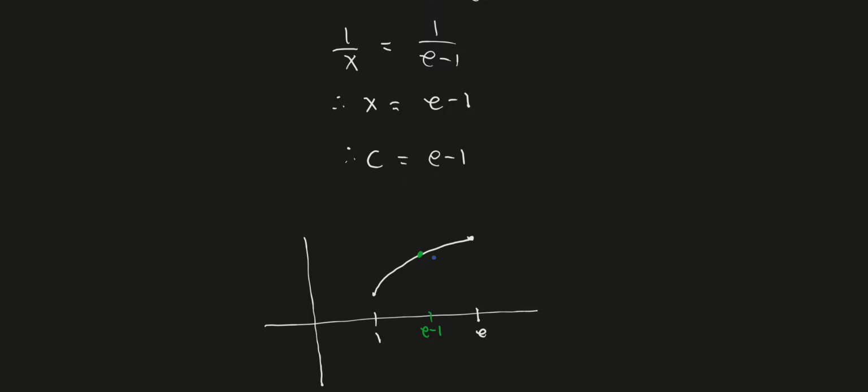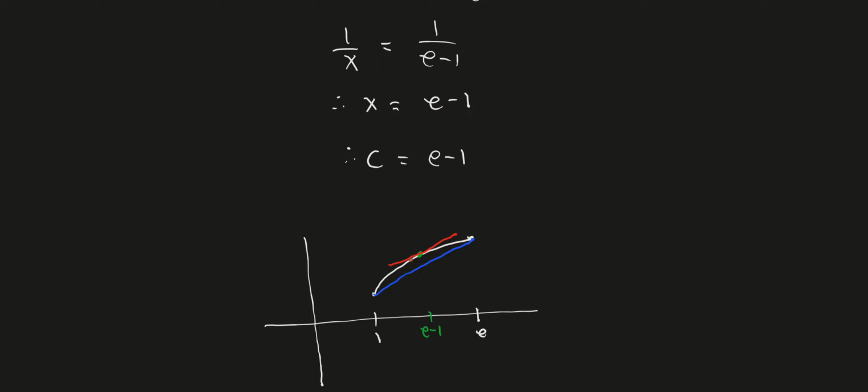So the secant line will look like this, and then the tangent line at my point that I've indicated in green will look like this, right? And they would be parallel, right? So the slope at this point would be 1 over e minus 1, right?